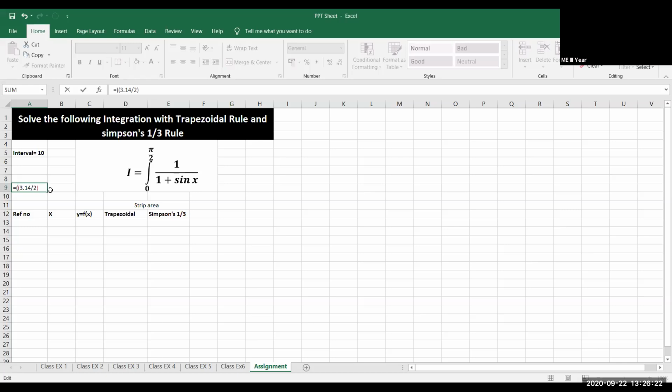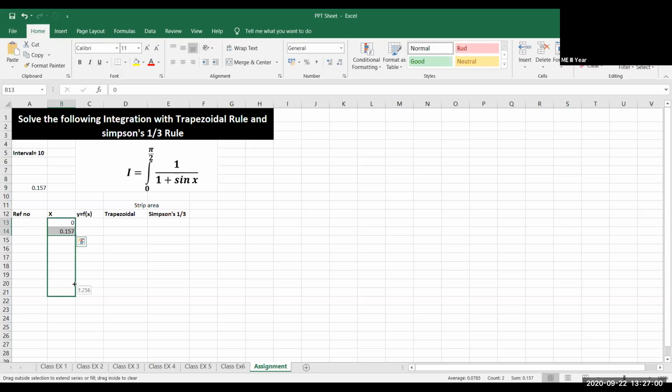So b minus a, where a is 0, divided by 10. This is our h value. Using that, your first value will be 0. The next value will be this value plus h, so 0.157. So you got the first two values, then you can move up to pi by 2. Pi by 2 means how much?